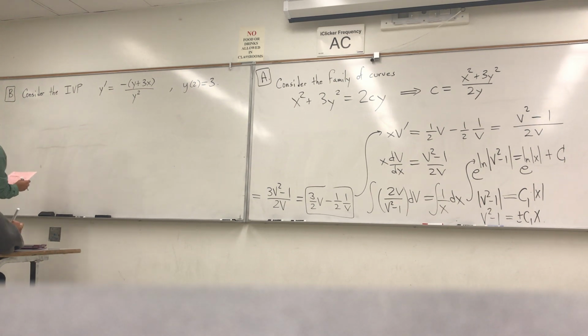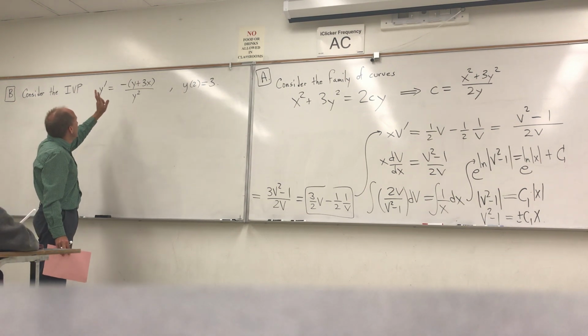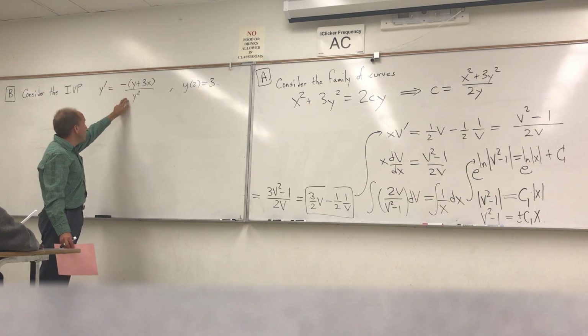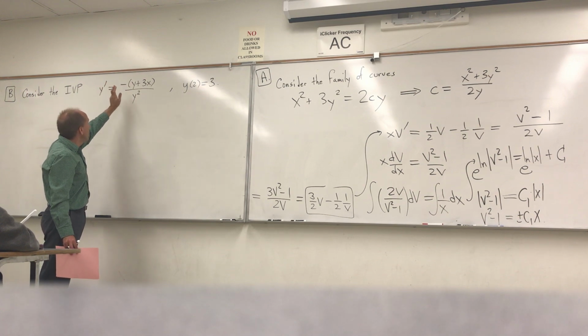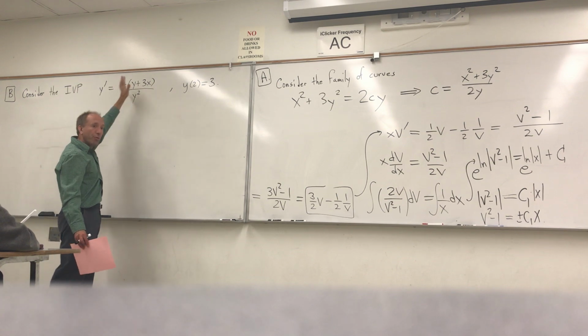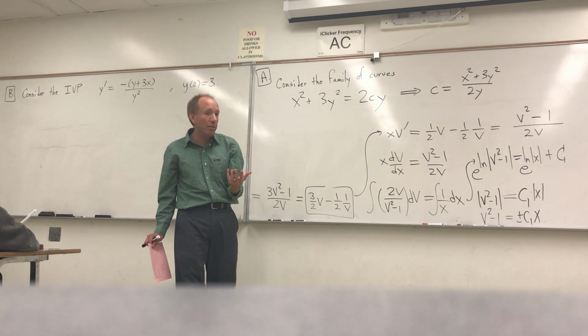Okay? So, so far everybody with me? By the way, I was very careful to pick something that I don't believe is separable. It's not linear, it's not even Bernoulli, and it's not even homogeneous. So this is not one of the 4 main types of first order differential equations that we learned how to solve.